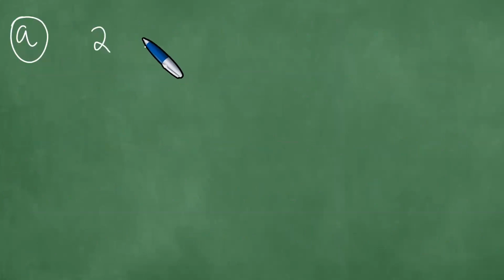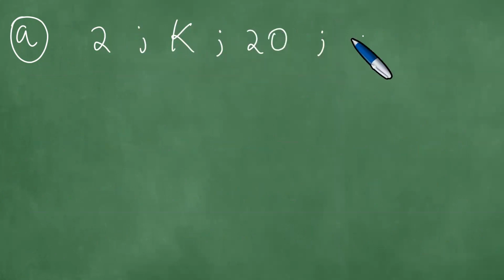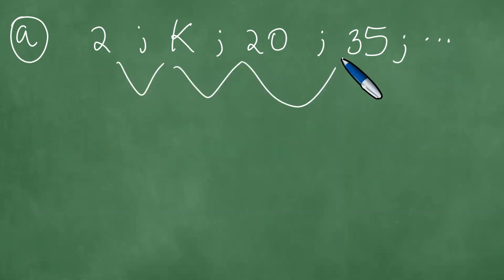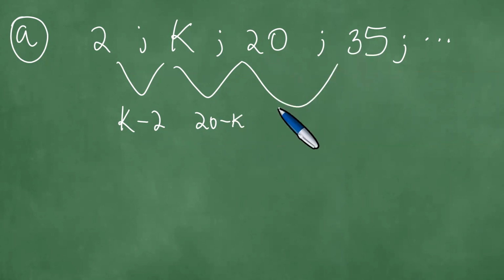And we start with 2, k, 20, 35, and so on. So here we have k minus 2, 20 minus k, and we have 35 minus 20, which is 15.